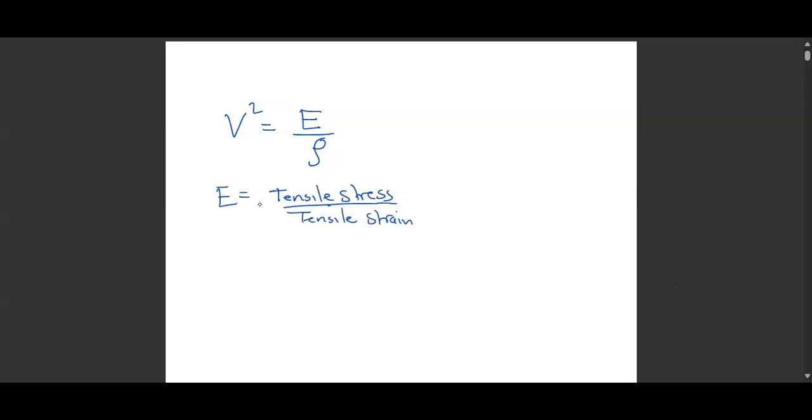Now for this case, our E is going to be equal to tensile stress, which is given by force divided by area, divided by tensile strain. This is extension divided by L. So it is very important for us to know the formulas of some of these quantities in this expression.